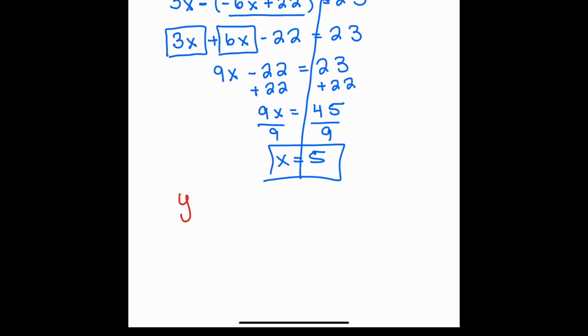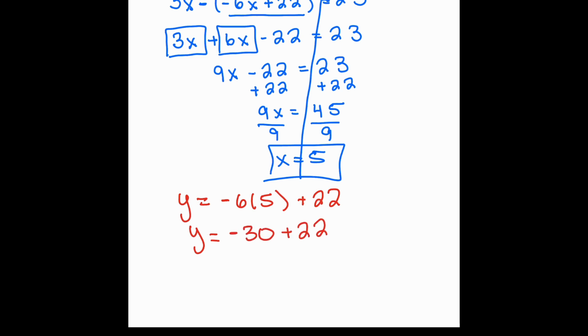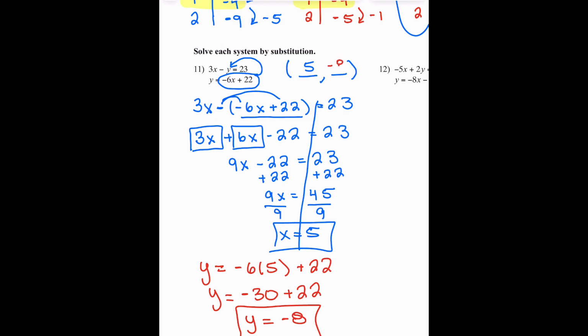So the second equation will look like y equals negative 6 times 5, since 5 is x, plus 22. I'll then get negative 6 times 5 is negative 30. And negative 30 plus 22 will be negative 8. So this tells me that my solution is the point 5, negative 8.